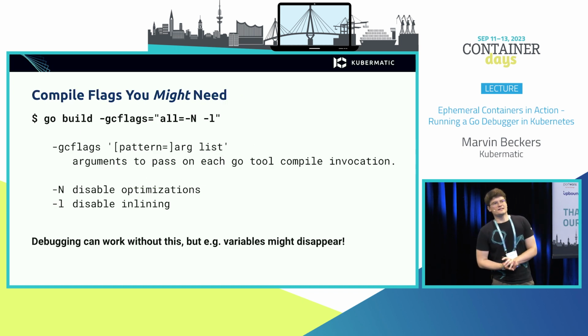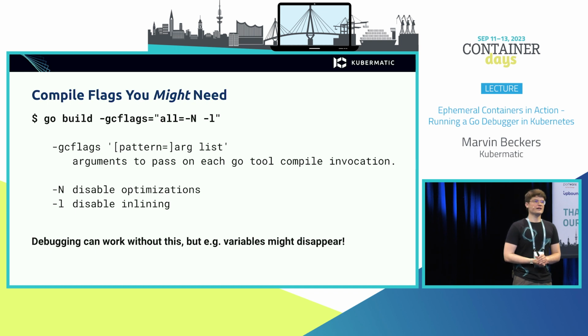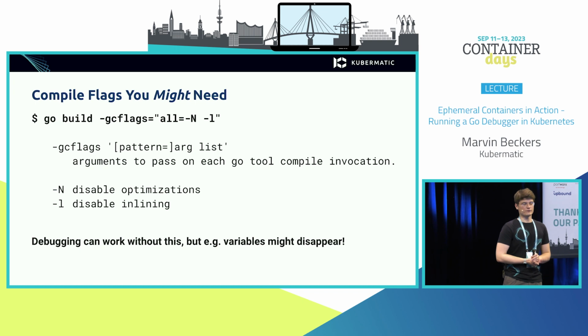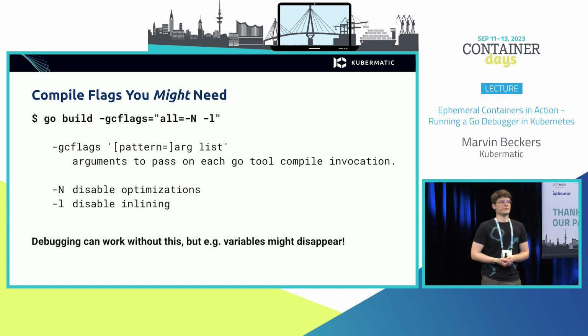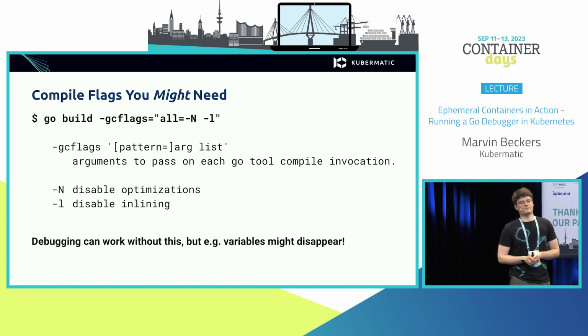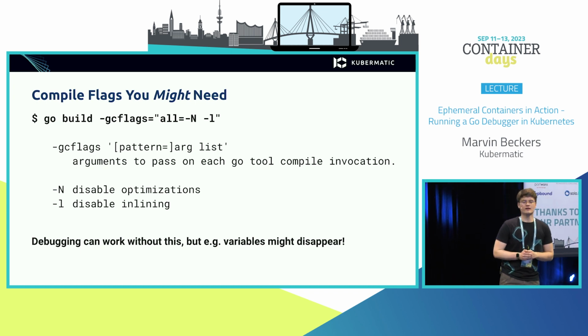Now there's also something else. If you want to debug an already compiled Go application or Go binary, you can do that with Delve. That's possible. You can attach to a Go binary. The problem with that is you might want to set these flags here.